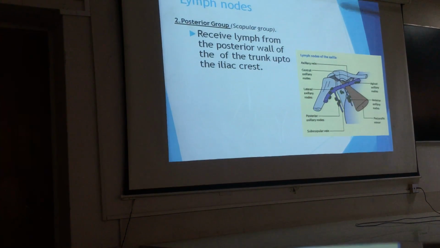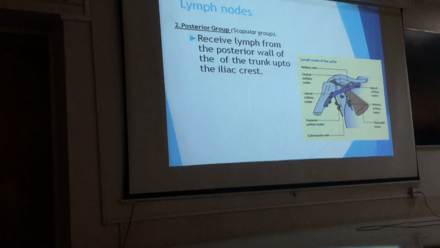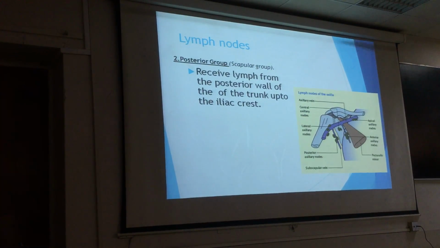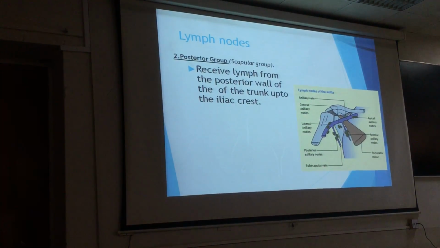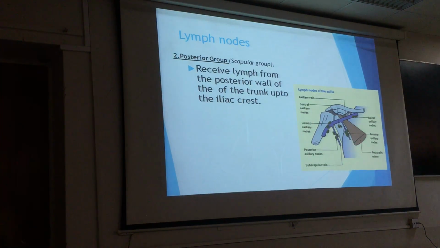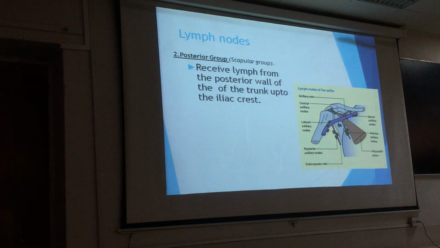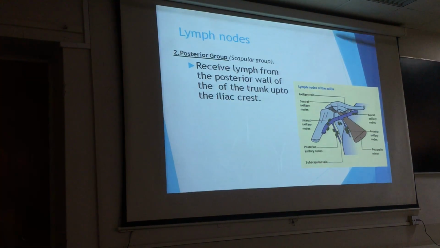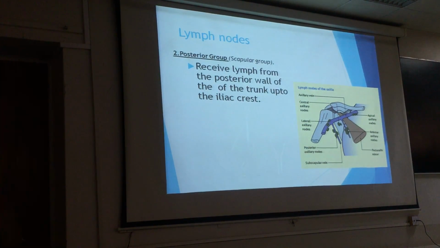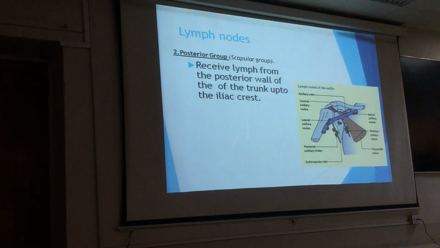Now if you see, when we talk about this posterior group, I said that it is present in the posterior axillary fold, almost 6 to 7 in number, receiving the lymph from the subscapular and the posterior scapular region. Now there is a certain extent to which it receives this lymphatic drainage.